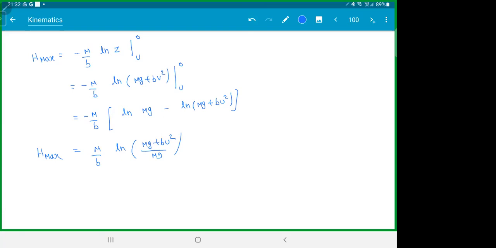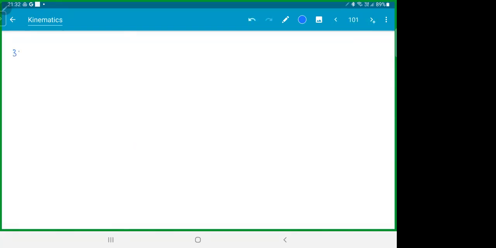Great. Turn the page. Let's do some easy standard questions. Find the speed and time when it reaches the ground.